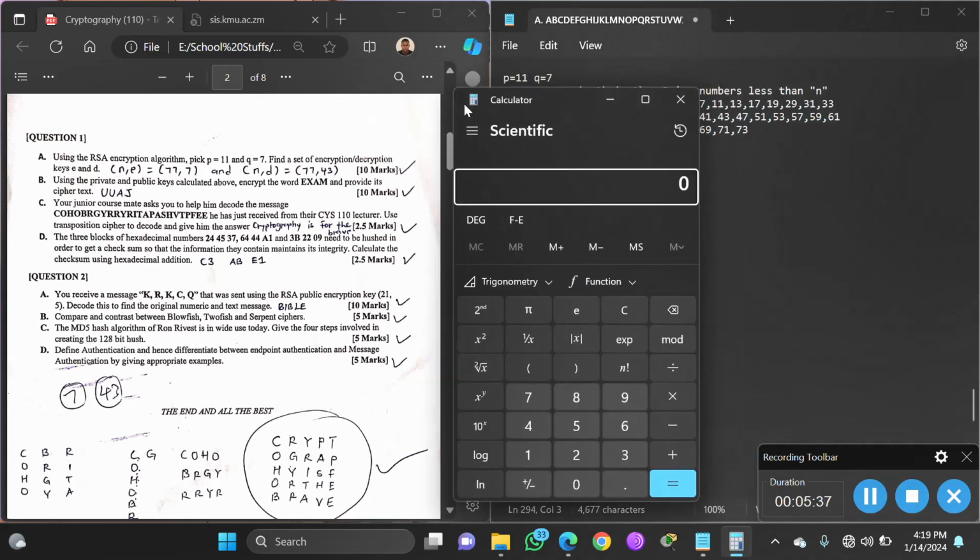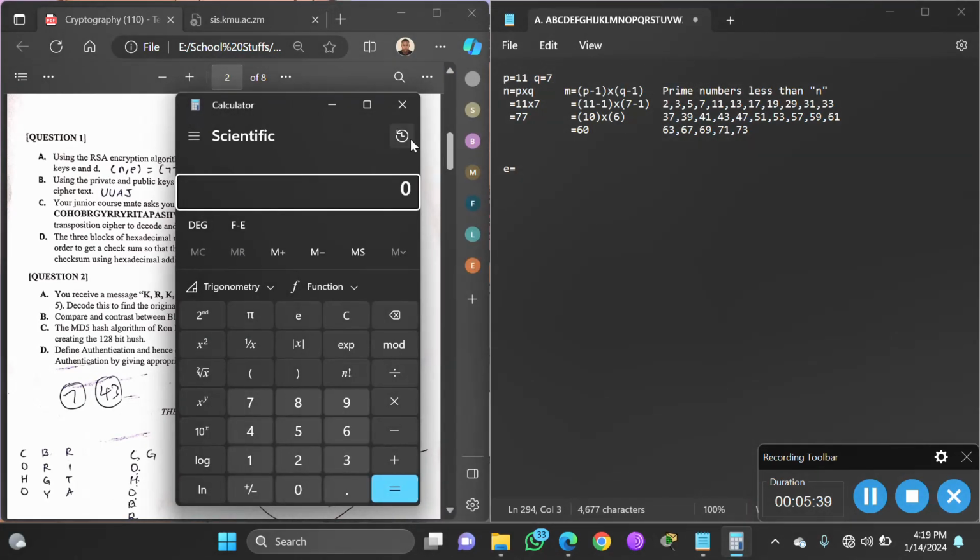Okay, so from this list, as you can see, our m is 60. I will start dividing it by 2 first.